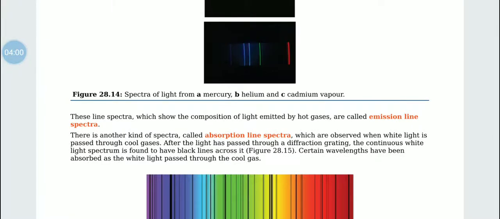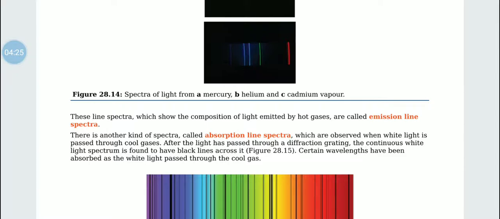The line spectra which show the composition of light emitted by hot gases are known as emission line spectra. So hot gases emit light, and that results in the emission line spectra.